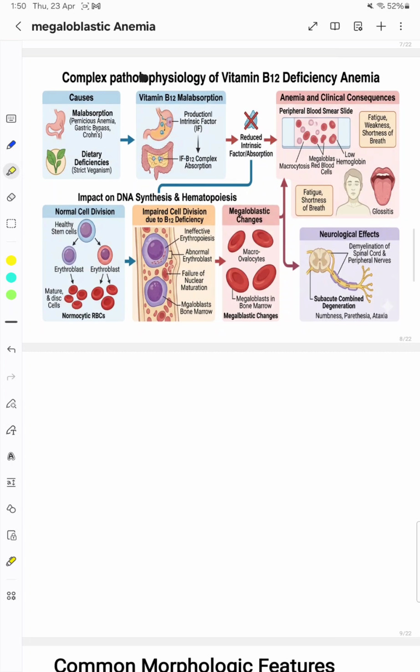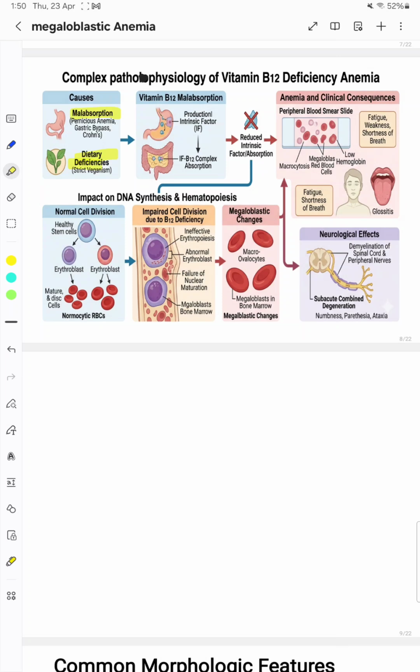The pathophysiology of vitamin B12 deficiency anemia. Causes of vitamin B12 deficiency, as we have already discussed, can be due to malabsorption, pernicious anemia, which results in intrinsic factor deficiency, and dietary deficiencies. They all will result in B12 deficiency.